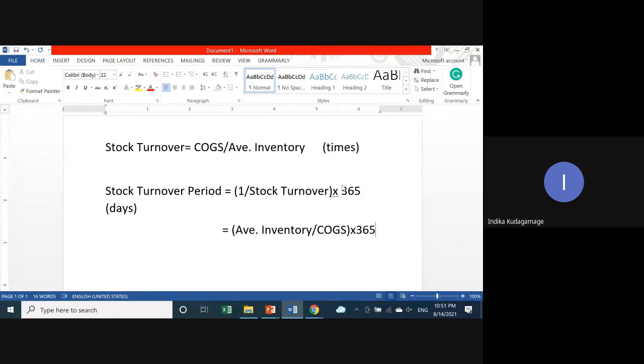This shows how many days on average you take to convert your inventory into sales, right? So these two ratios are important. Whenever we are working on the working capital, you need this one. This is a very critical number to find out the working capital cycle.